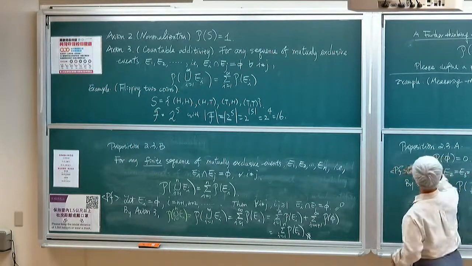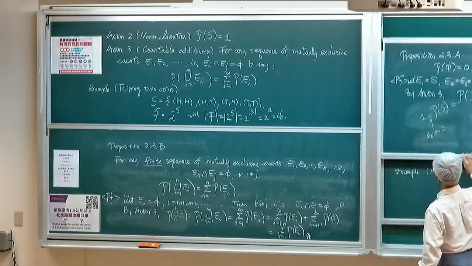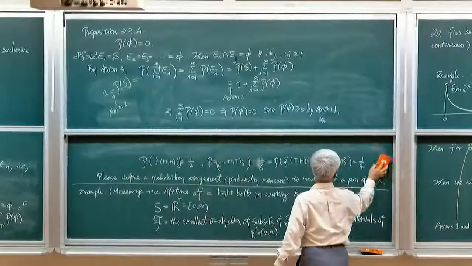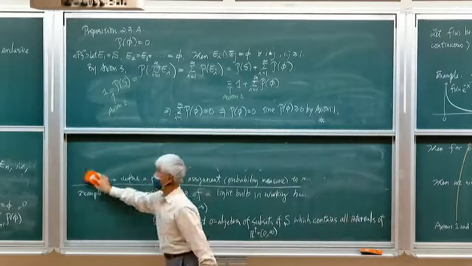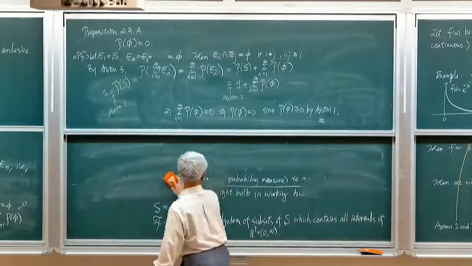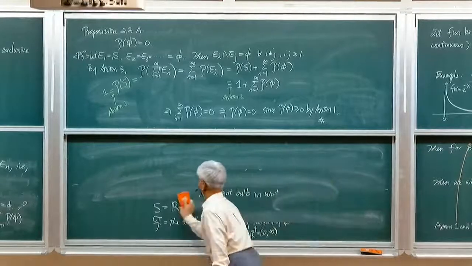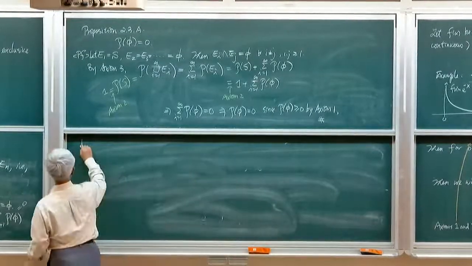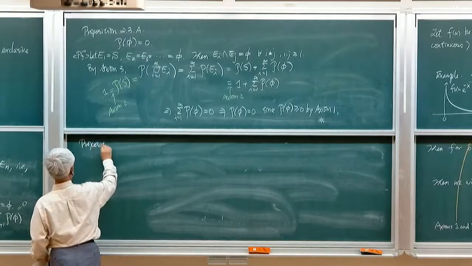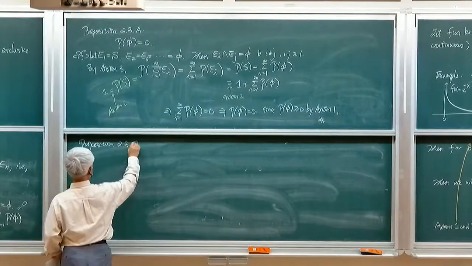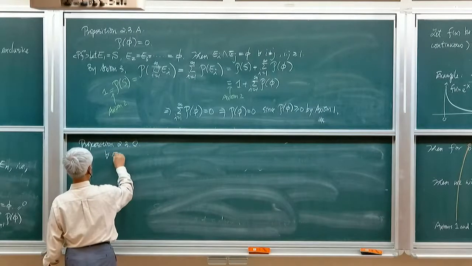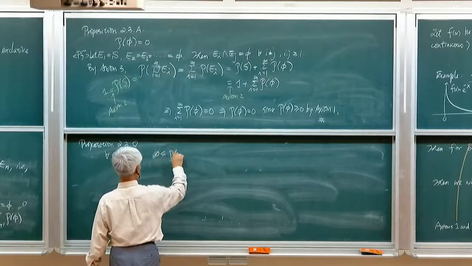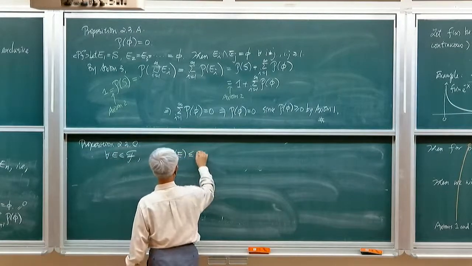All right, so A, B, and C: for event E in the sigma algebra, the probability of E is between 0 and 1.